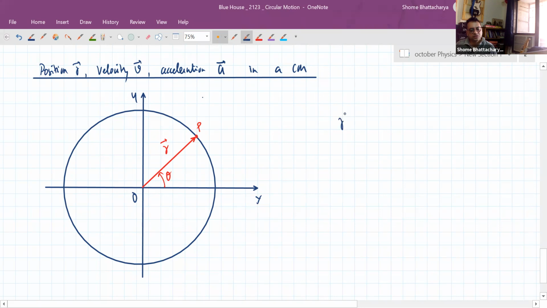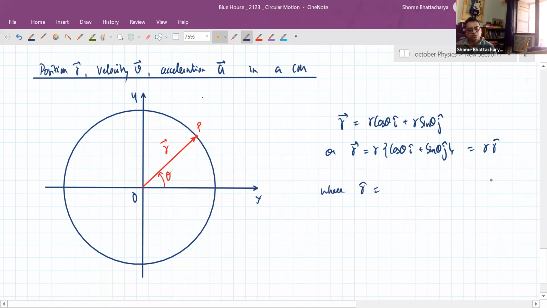So the position vector is r cos theta i cap plus r sin theta j cap, or write it as cos theta i cap plus sin theta j cap. That is the same thing as r cap.